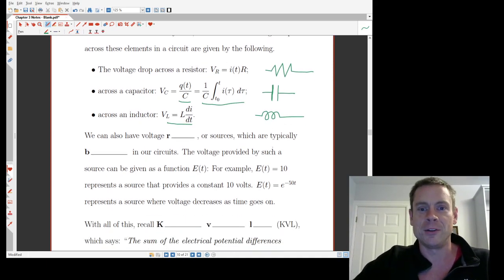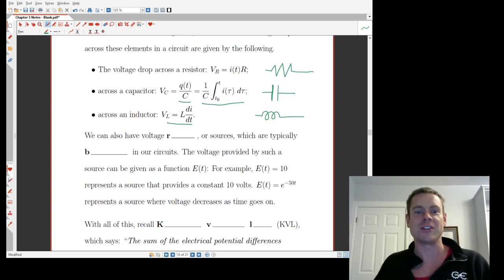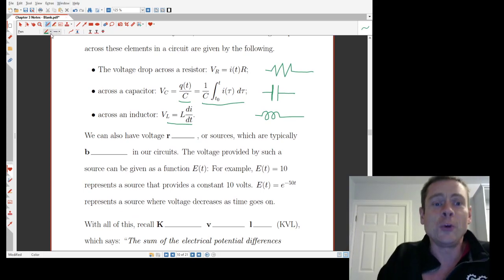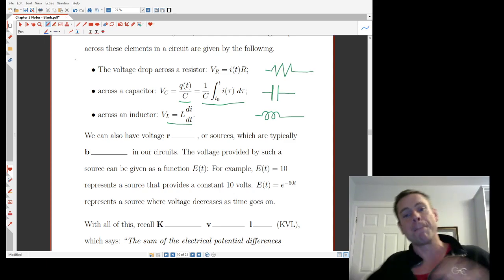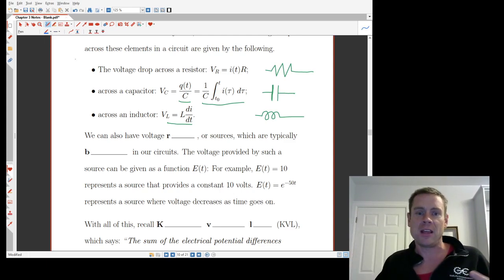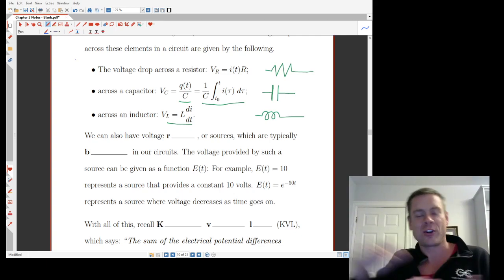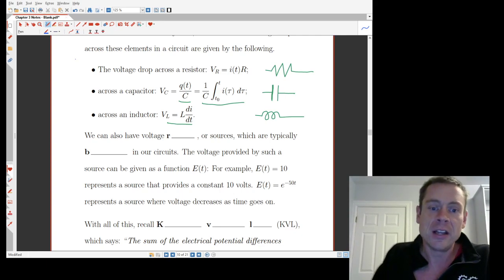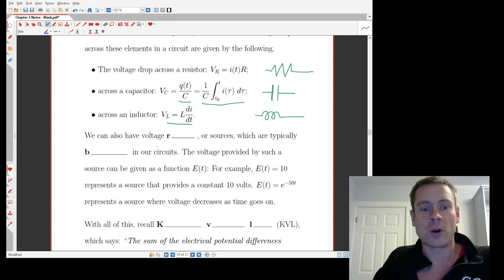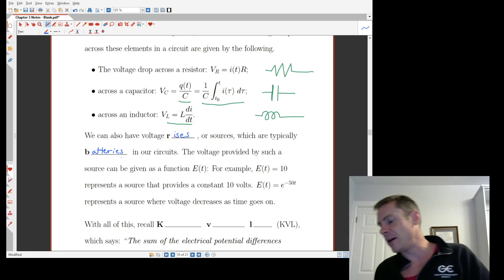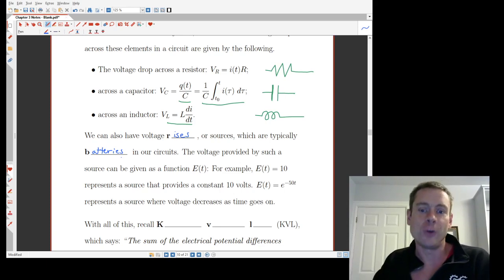All I really care about from you is, can you put together the differential equation? So those are the different kinds of drops that we can have. They're different components that appear in a circuit that will help to craft the differential equation model. But to go with that, you could have what are called voltage rises or sources. Typically, these are going to be batteries in your circuits, or maybe something that generates voltage. The voltage provided by such a source can be a function.